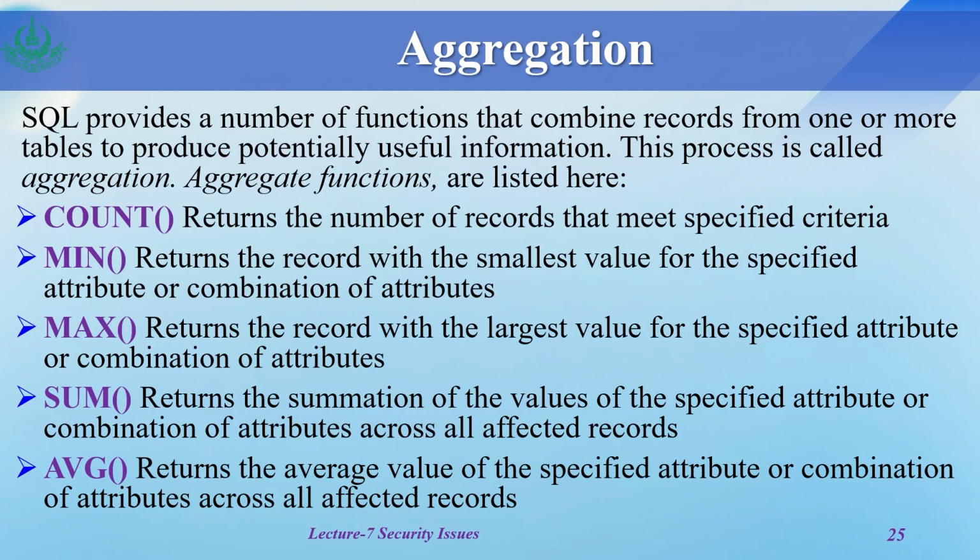Min returns the record with the smallest value for the specified attribute or combination of attributes. Max returns the record with the largest value for the specified attributes or combination of attributes. Sum returns the summation of the values of specified attributes or combination of attributes across all affected records. Average returns the average value of the specified attributes or combination of attributes across all affected records.